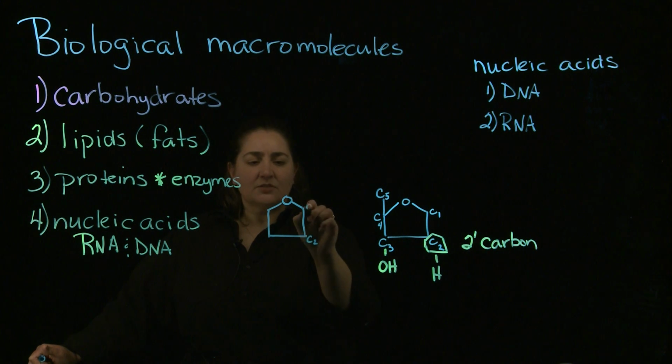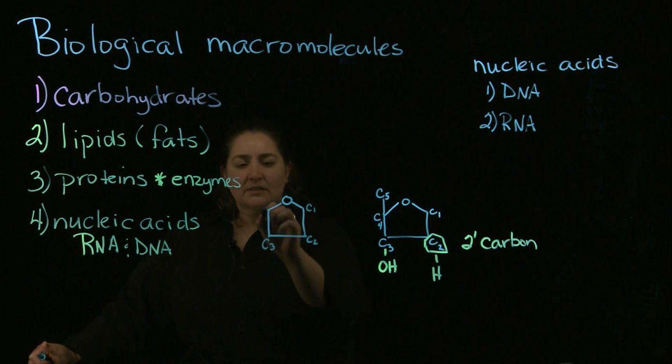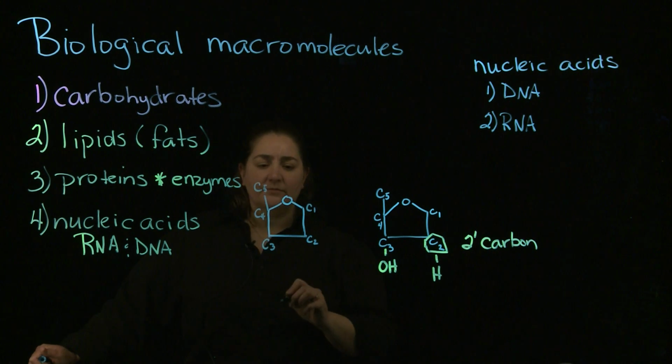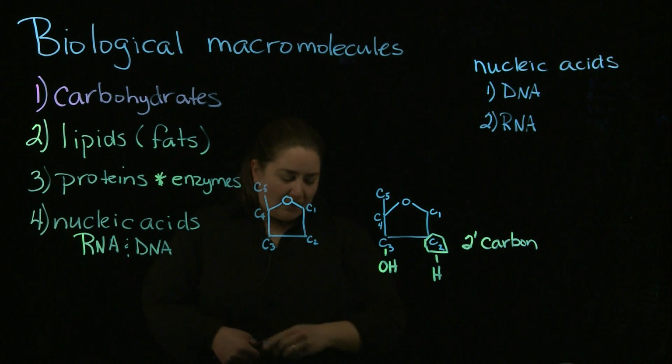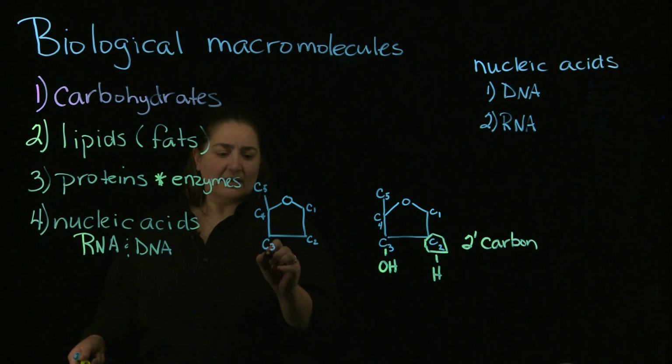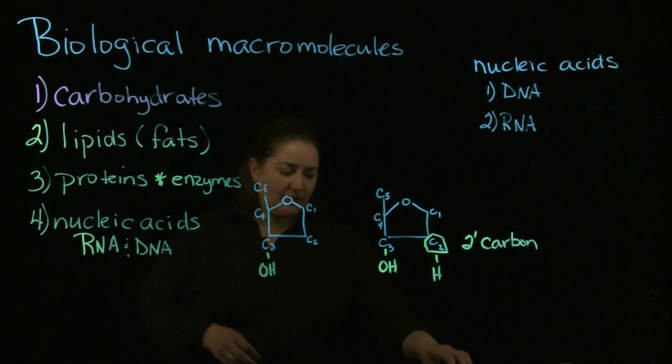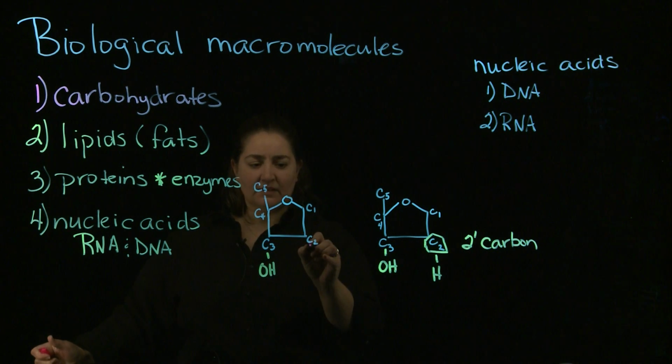This is still our C2, C1, C3, C4, C5. We have at the 3' carbon again another hydroxy group. This one I'm going to draw in a different color so that you can distinguish them.